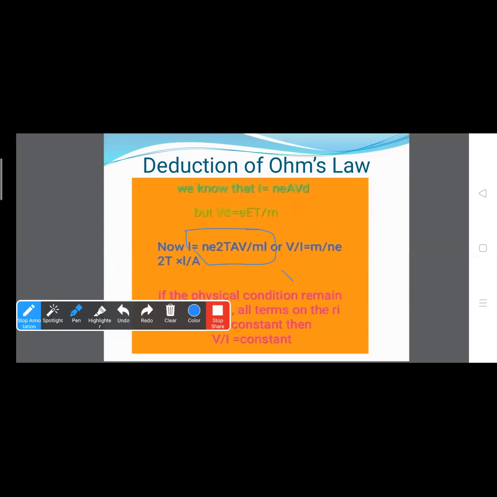Now from this equation, V upon I equal to mL upon ne squared τA. Clear?